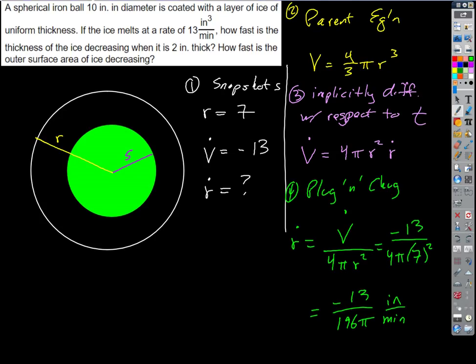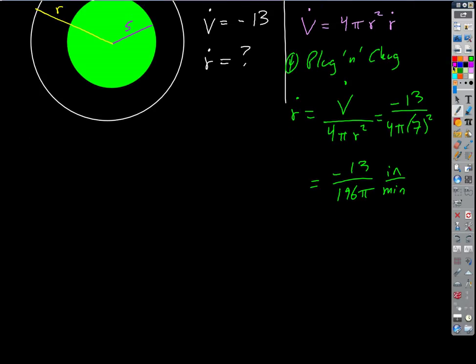So for part 2, S equals 4 pi r squared. So S dot equals what? 8 pi r r dot, and we know all those now, right? There's r dot. We know what r is. R is 7. And so we can solve for S dot. Okay? Make sense?